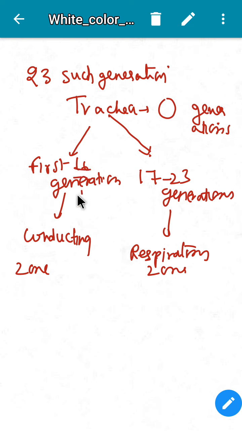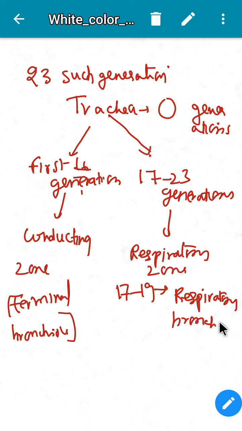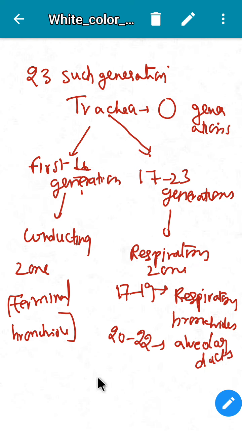The last, 16th generation is the terminal bronchiole. The 17th to 19th generations include the respiratory bronchioles, 20 to 22 include the alveolar ducts, and the 23rd generation is the alveolar sac. So this is about the generations.